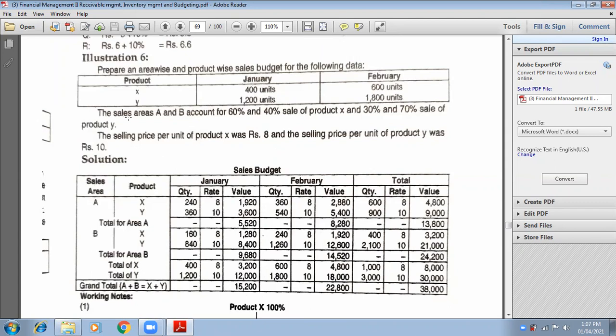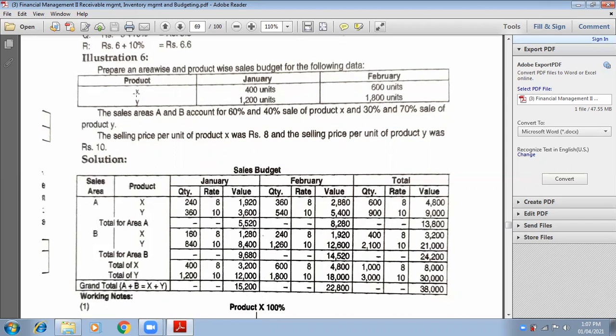Everything is given. The sales area A and B account for 60% and 40% of sales of product X, and 30% and 70% sales of Y. Means what he's trying to tell you, there are 2 areas, suppose A and B, north and south.